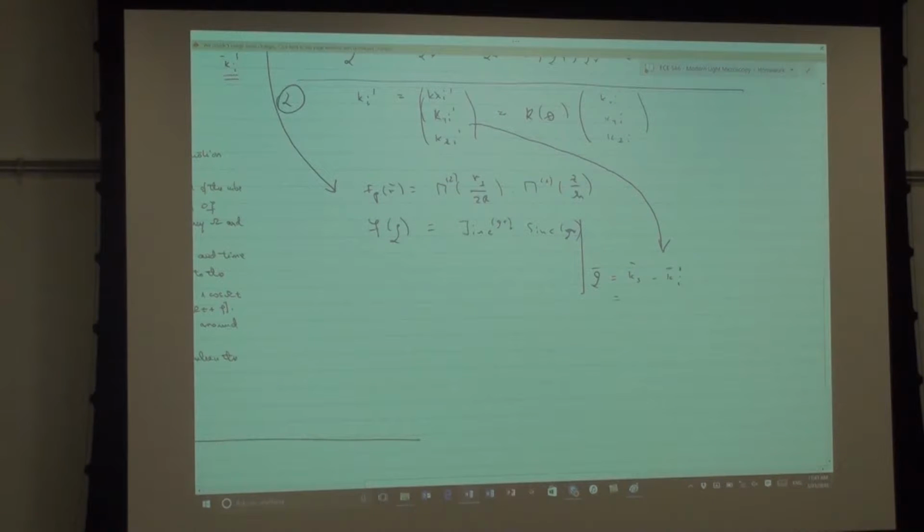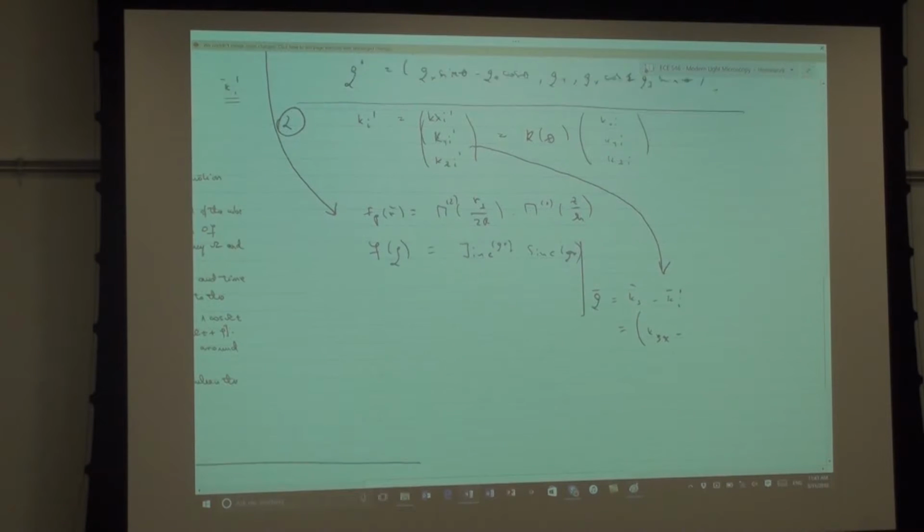So it will be Ks minus, and here what am I going to have? I can write the coordinates like this. So it would be Ksx minus. Now the rotation of Kx will give me also something like this.